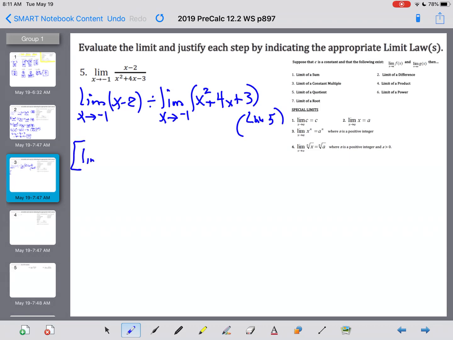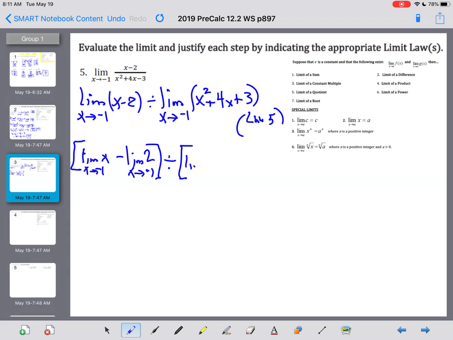I got the limit of x as x approaches -1 minus the limit of 2 as x approaches -1, divided by, and again I'm going to do the same here.